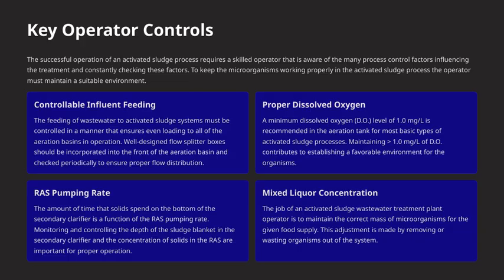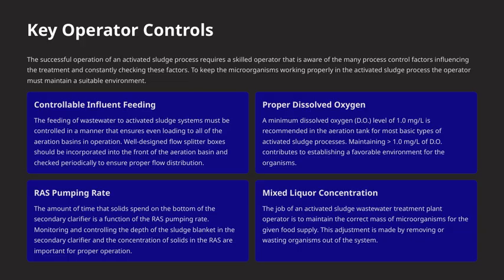The rate at which return-activated sludge is pumped back influences how long solids stay in the secondary clarifier. Monitoring and controlling both the sludge blanket depth and the solids concentration in the RAS are key to maintaining proper solids retention and overall process stability. Finally, the concentration of mixed liquor is something we constantly adjust.